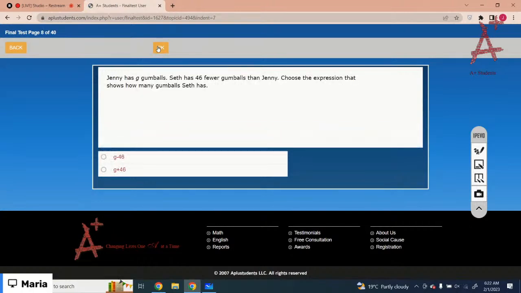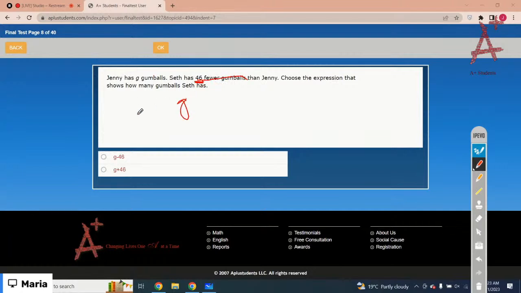Okay, the next one is Jenny has 6 gumballs. Seth has 46 fewer gumballs than Jenny. Choose the expression that shows how many gumballs Seth has. Okay, just understand the expression. Jenny has G gumballs. Seth has 46 fewer gumballs than Jenny. 46 fewer means you have to subtract 46 out of G. So it would be G minus 46. Got it?